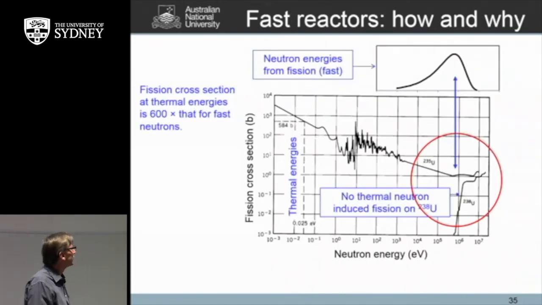So we saw that you can get fission on both uranium-238 and 235 at fast neutron energies. But the cross-sections are small. So how do we overcome that?